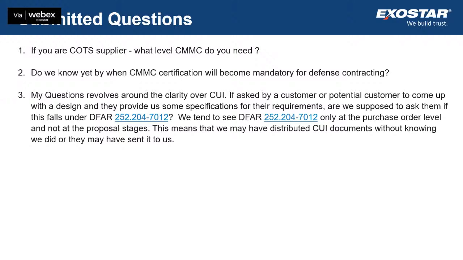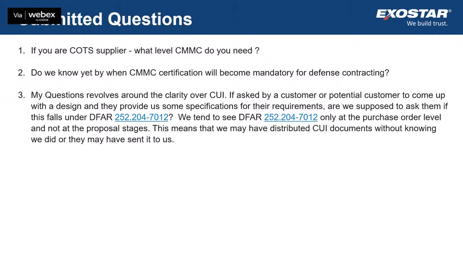So it's always a good idea to ask. Now, by definition, controlled unclassified information should be marked by the organization that originated that information. But we all know we don't live in a perfect world. Sometimes mistakes are made. So if you're unsure, it's always good to ask that question. And so you do know for sure.